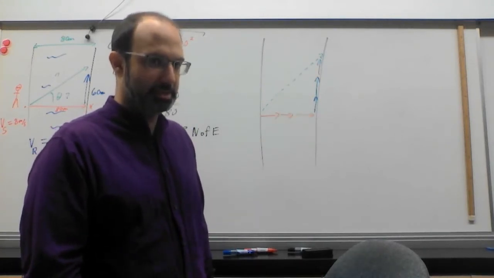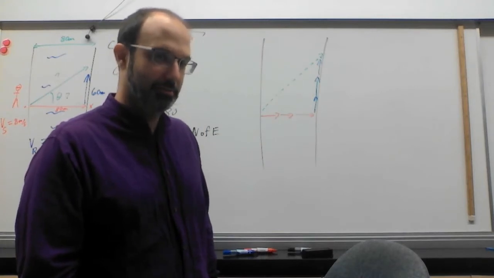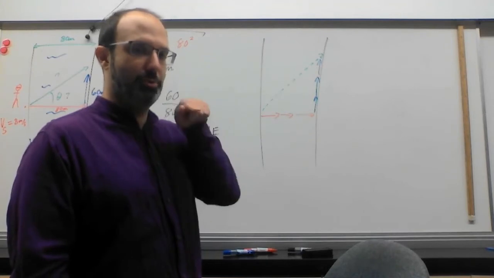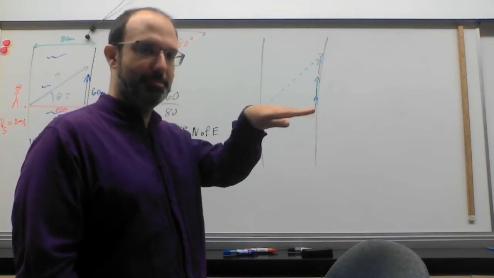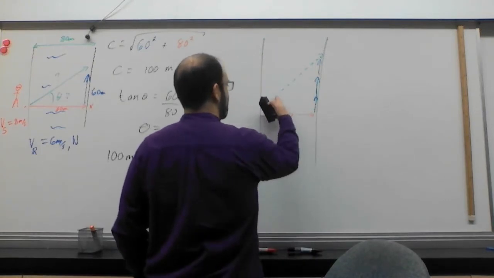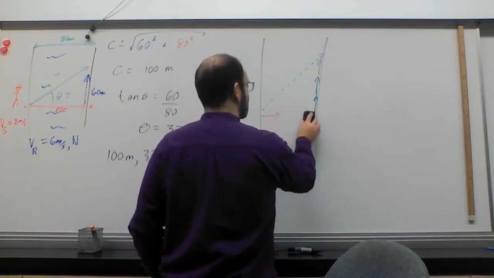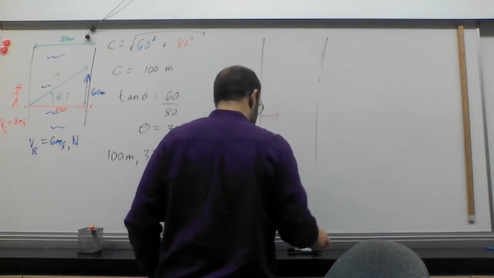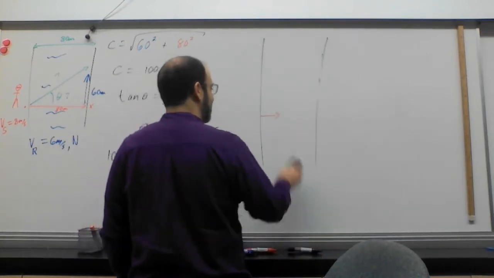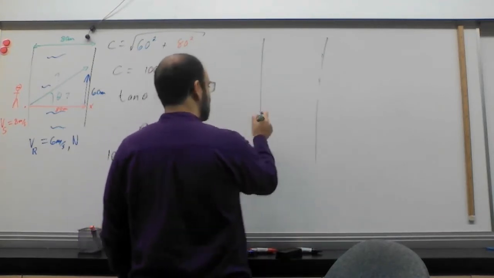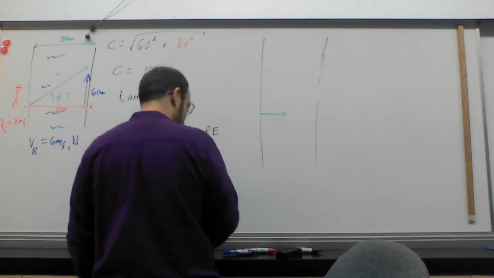We'd need to find some way to cancel the river out, right? Because the river's pushing us north. We don't want to go north. We want to stay in exactly the same line. Think about it second by second, right? I went here, the river pushed me up. So if I just go straight across, the river will be able to push me. I don't want the river to push me, so I can't go straight across. I want to do this in 1 second.